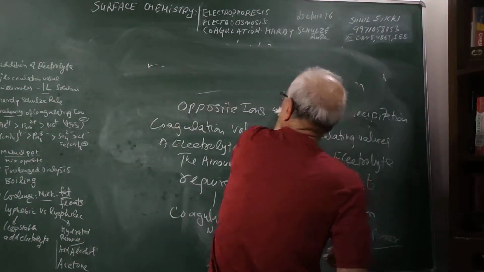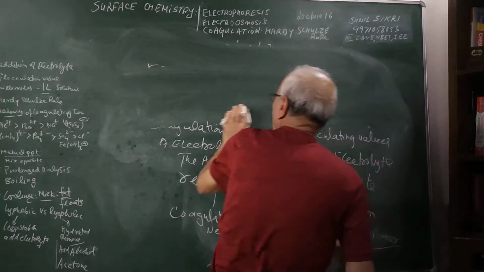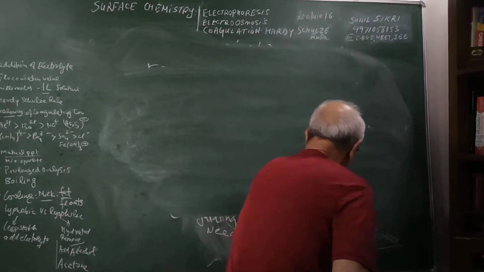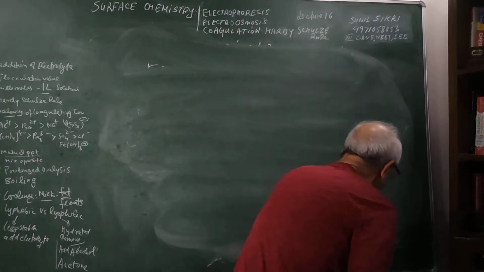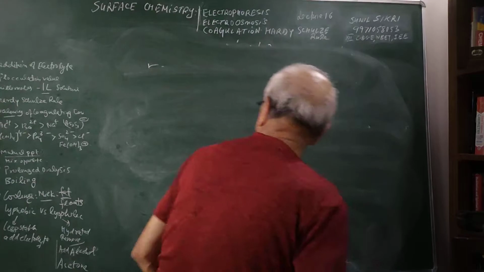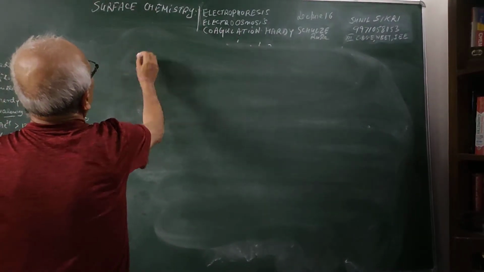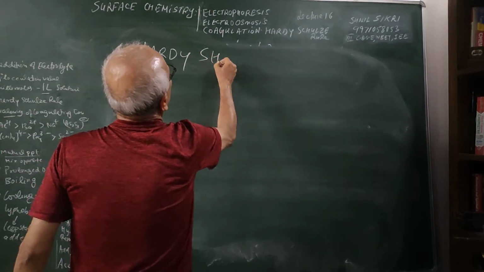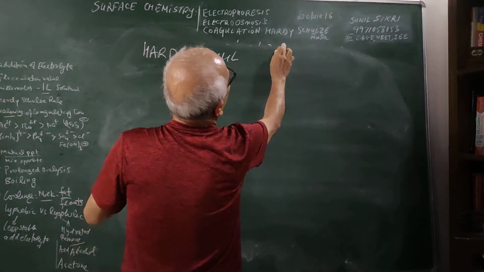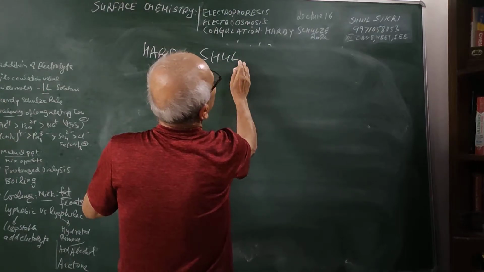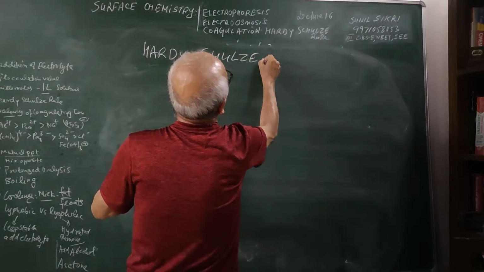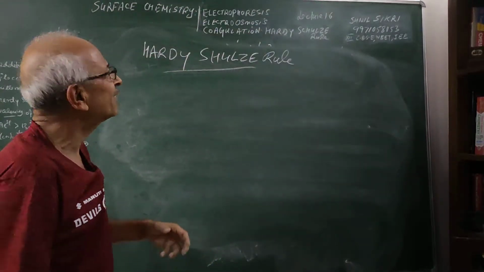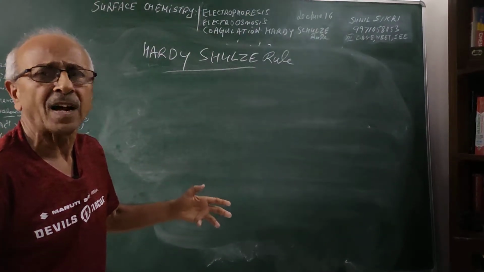So this was one of the methods, student, where the charge on the colloidal particle is neutralized and hence they coagulate by the positively charged ions. Here the important thing is the Hardy-Schulze rule. Hardy performed experiments and studied the coagulating power of different electrolytes.